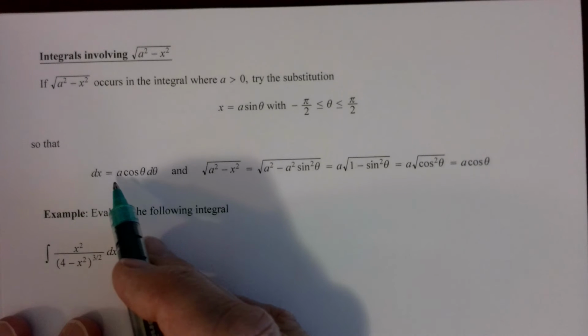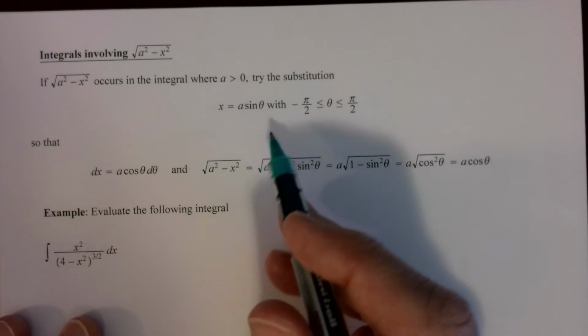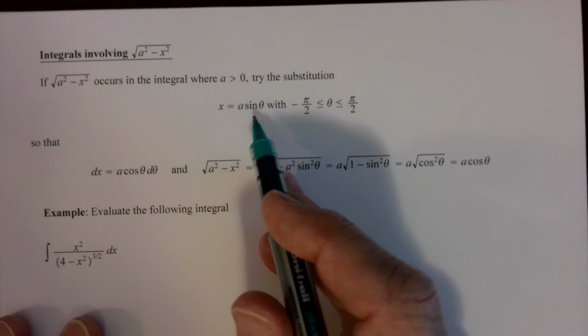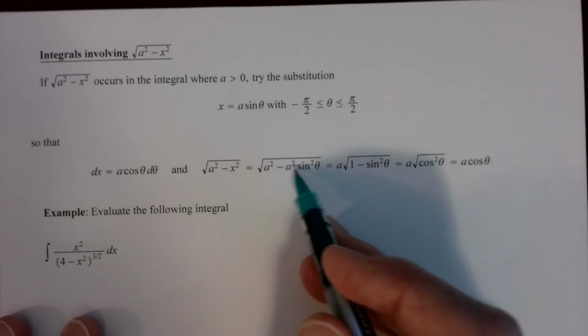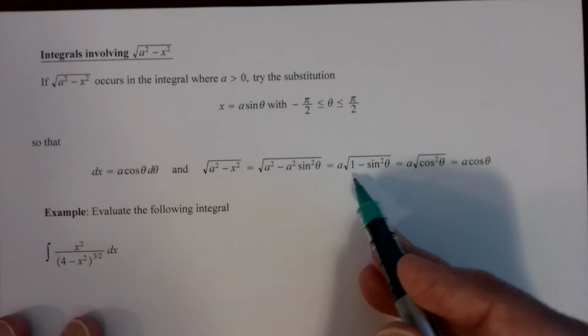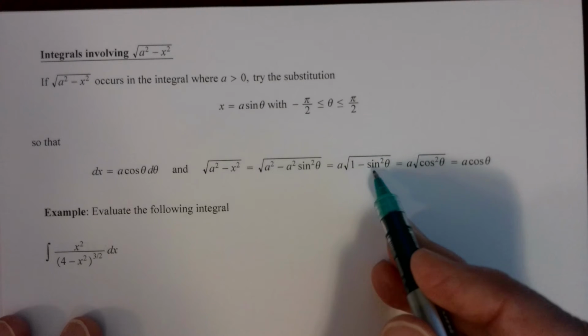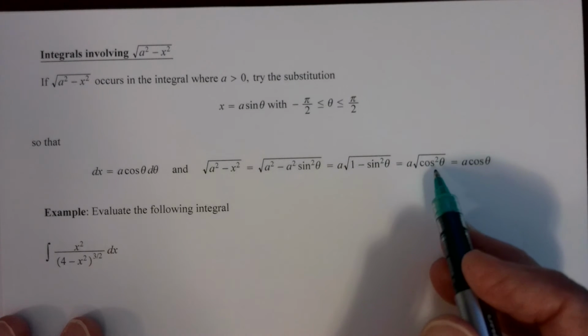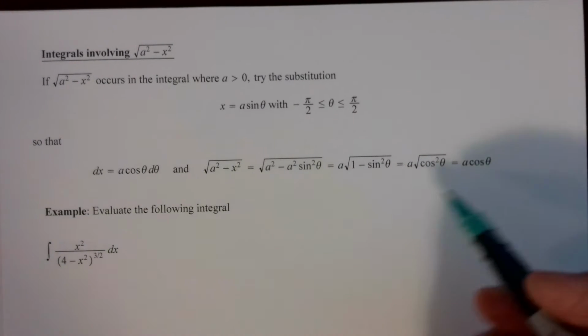Notice that dx is going to be a cosine theta d theta, and the square root of a squared minus x squared, if I replace x with a sine theta, I get a squared sine squared theta. Factor out that a squared. It comes out of the square root as just a. I'm left with 1 minus sine squared, that is cosine squared. The square root of cosine squared is cosine theta. And so we get that.